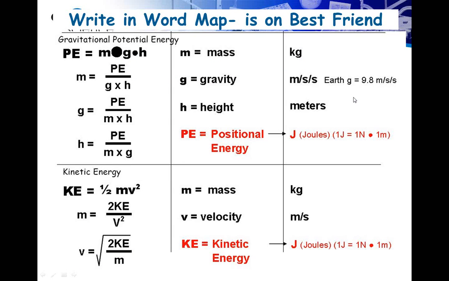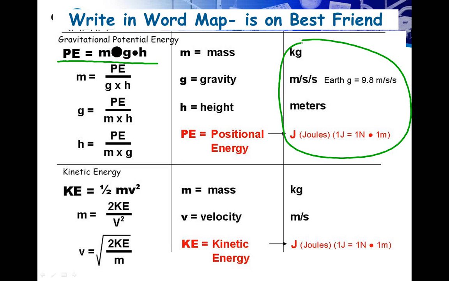Here it is. The first part of this we'll be solving for potential energy. Potential energy is mass times acceleration due to gravity times height. And over here you have everything else that you need.